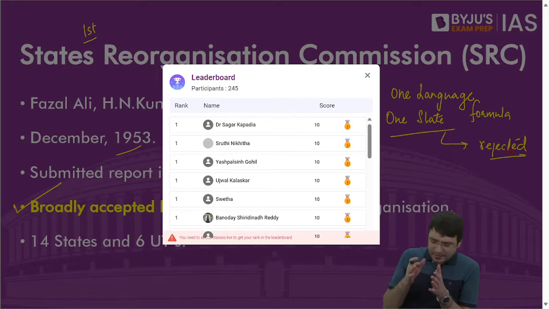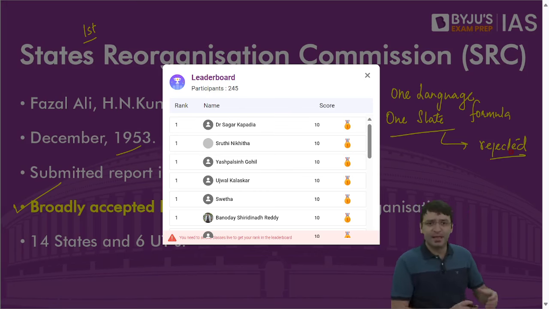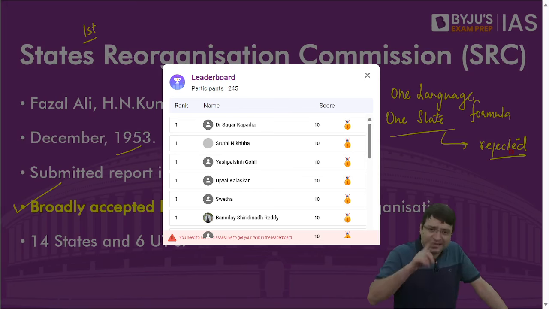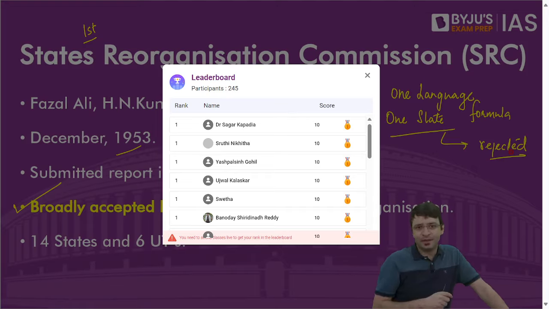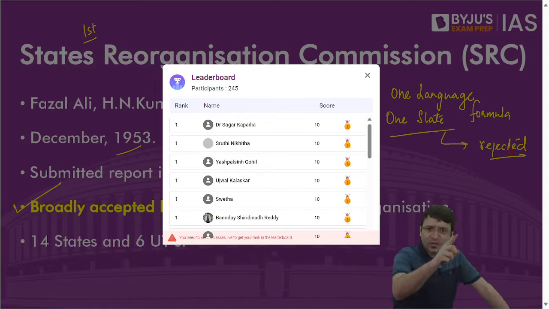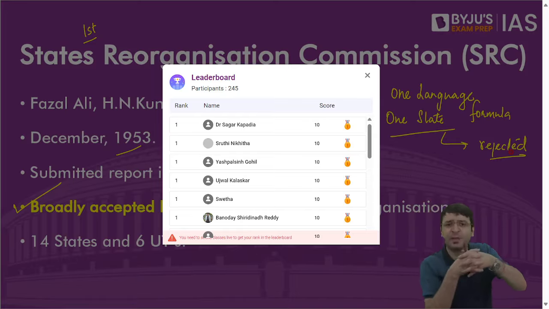What does that mean? The States Reorganization Commission said, yes, language can be the basis of reorganization. Let's create states in the name of language, respecting the sensibilities of the people. But we cannot have one state for one language. If we accept one language, one state, then almost the entire North India would be one state: Uttar Pradesh, Uttarakhand, Himachal Pradesh, Madhya Pradesh, Bihar, Jharkhand, all these states speak Hindi.